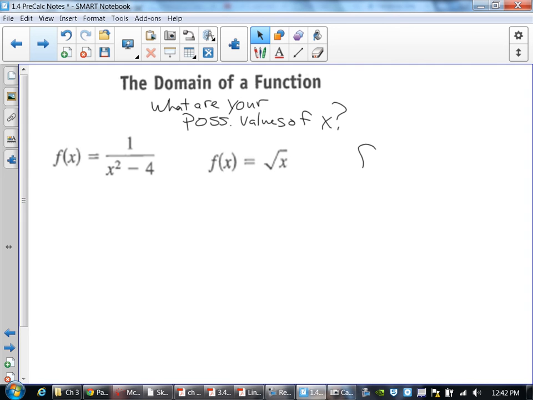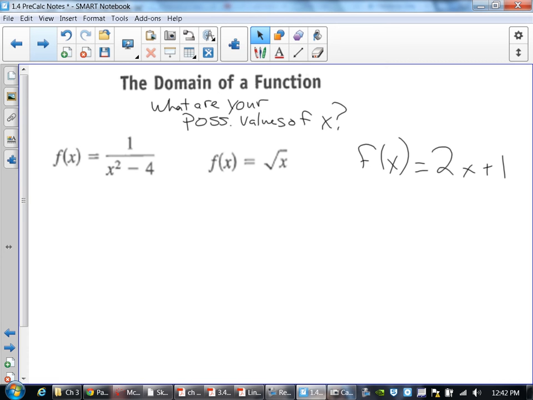If I have this, f of x is 2x plus 1. So I have 3 equations here. I'm going to start with the easy one. Is there any value of x here that it can't be? No. X can be any possible real number because you're never going to be dividing by 0.